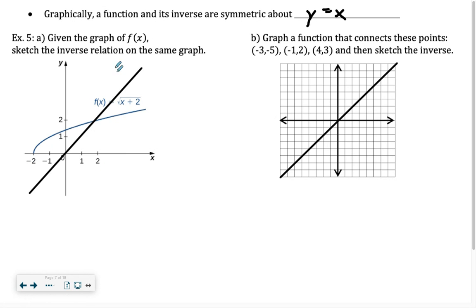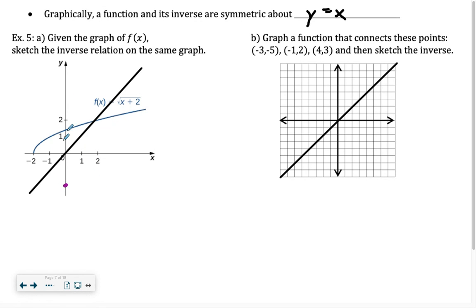In the previous bullet point, we said if (a, b) is on f, then (b, a) is on f inverse. So this point on my original function is (-2, 0). That means that the point (0, -2) will be on my inverse function.